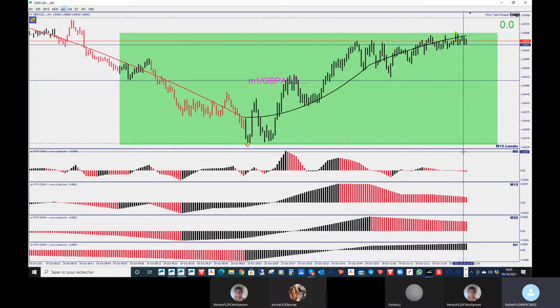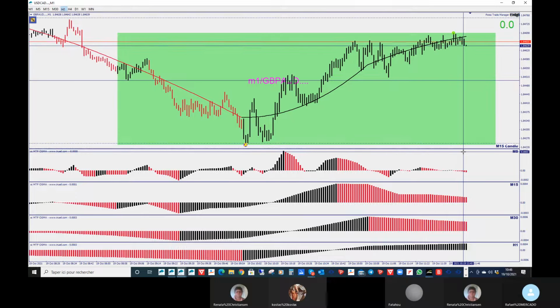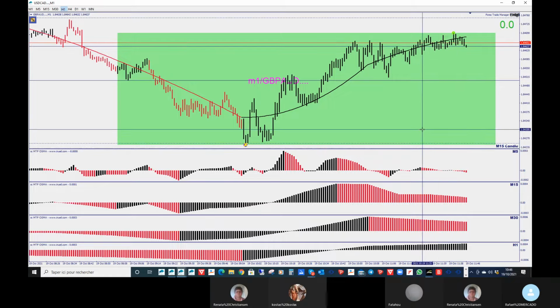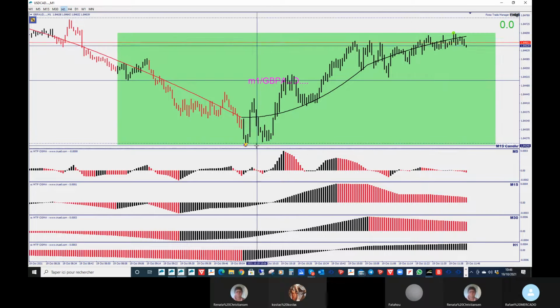So when the market is trending, and let's say this is just a small pullback and the market is continuing, a lot of times you can catch that second trade off the high of the session.